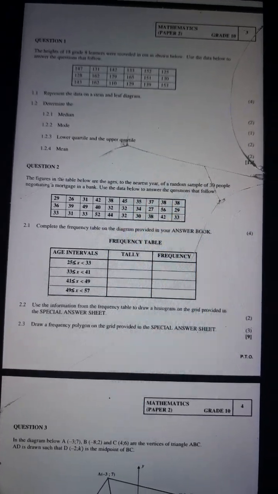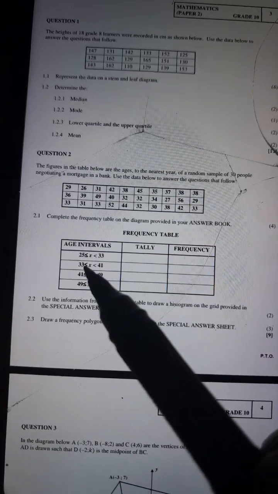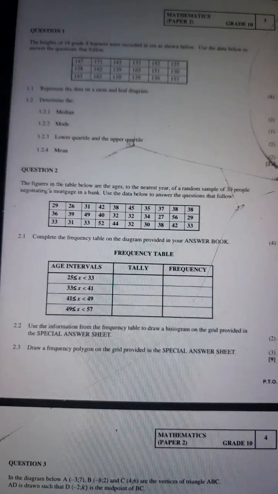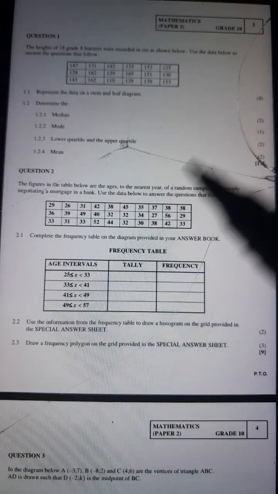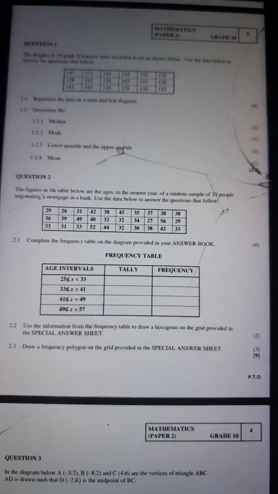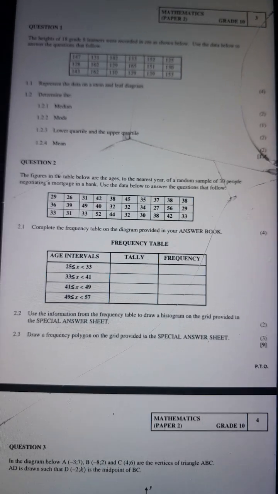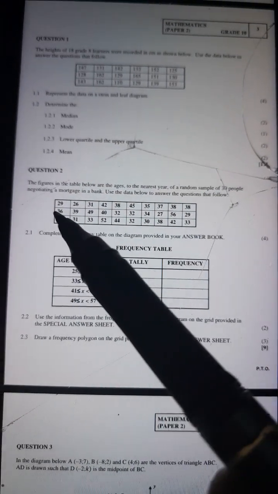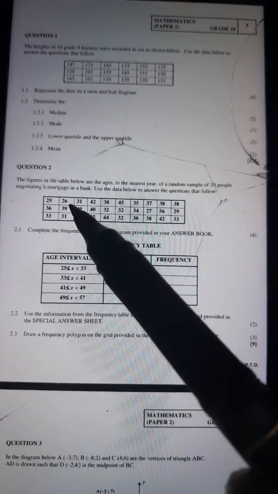So for this, guys, remember we now look at 33 to 41. When we say 33 to 41, we are actually looking for those between 33 to 40 in this case, right? So if you go 33 to 40, we have 1, 2, 3, 4, 5, right?